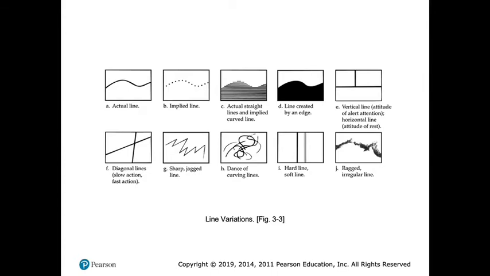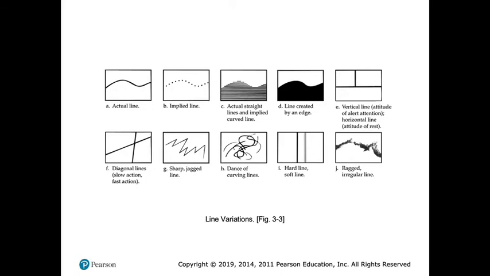In the G, you see a sharp change in the direction of the line, and it makes it feel like you're looking at a movement that suddenly changes direction. But when you're looking at curves, just the curves, it's like a dance, like a very smooth movement.